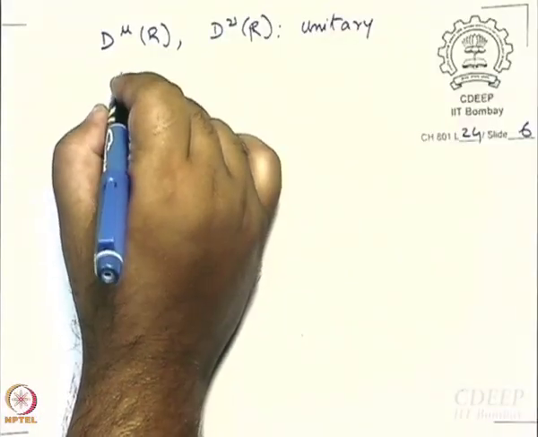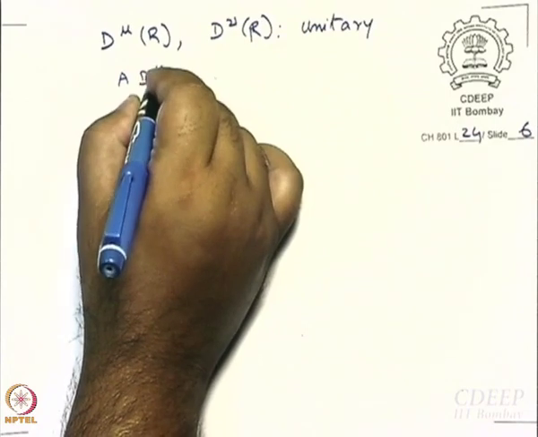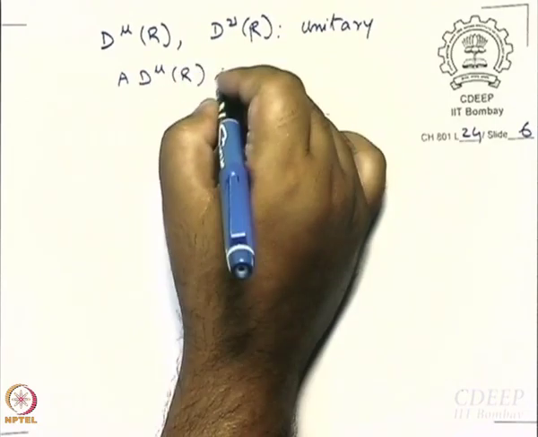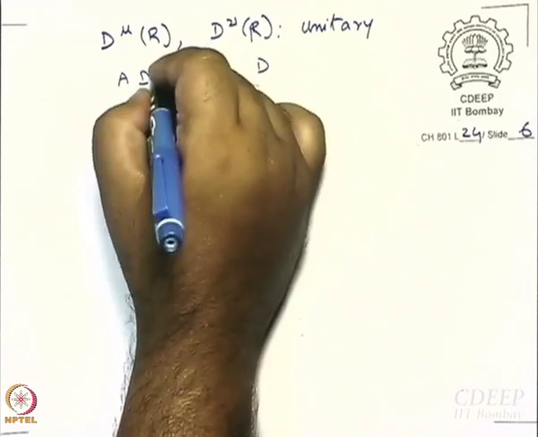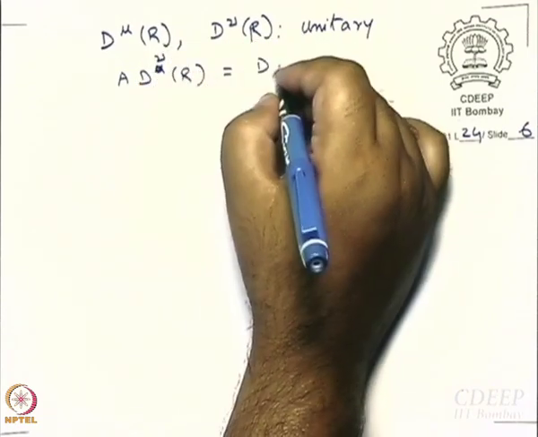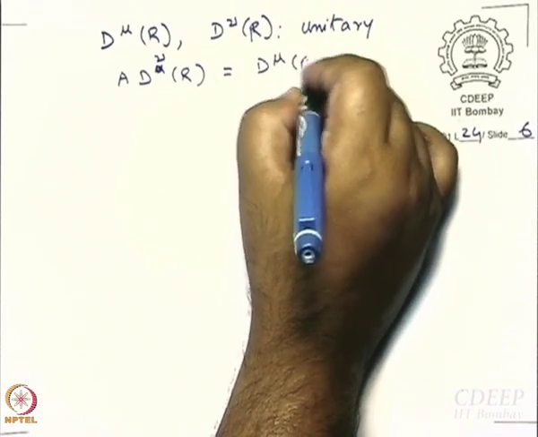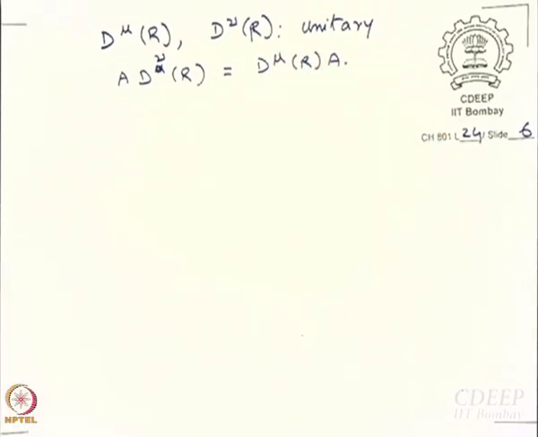So, what we have said already is A d mu r is equal to, I think we said, A d nu r equal to d mu r A. Okay? That is the definition of A anyway. Starting with this, if I want to simplify, let us take advantage of the fact that it is unitary.